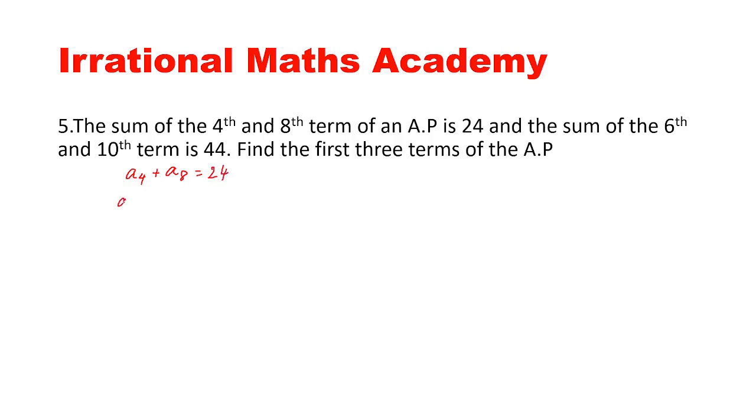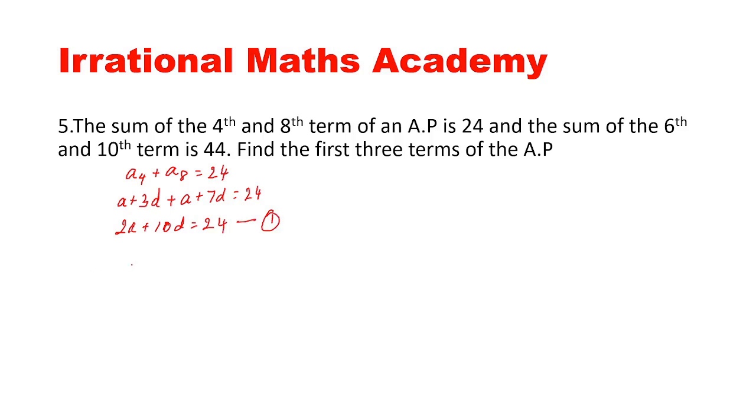A4 is nothing but A plus 3D, A8 means A plus 7D, equal to 24. If I simplify this one, A plus A, 2A, 3D plus 7D, 10D equal to 24. Let me take it as equation 1.